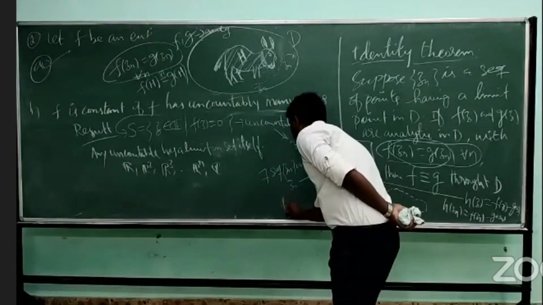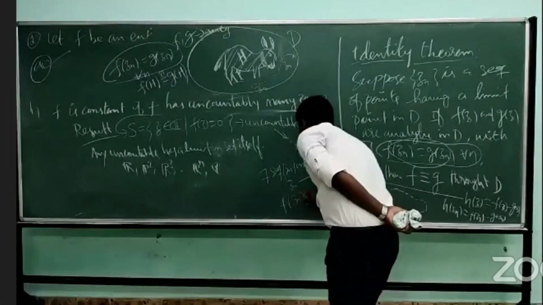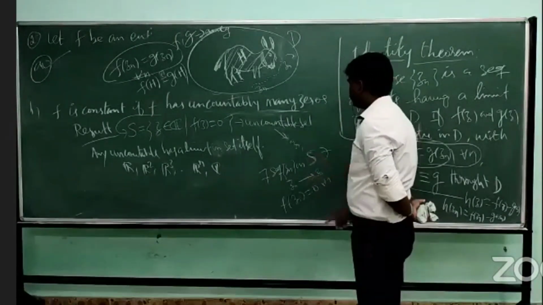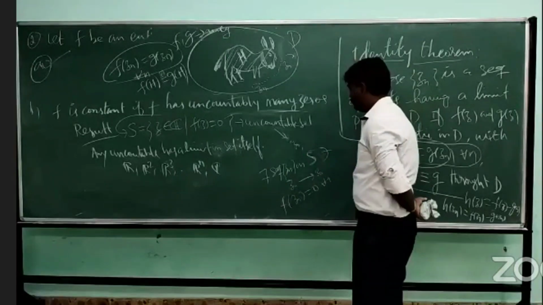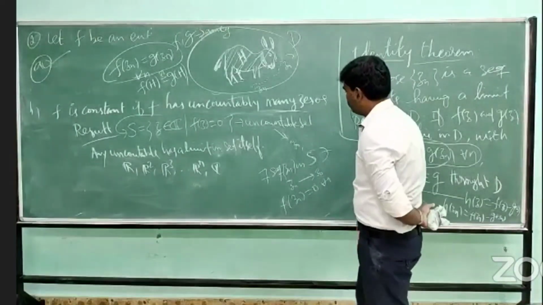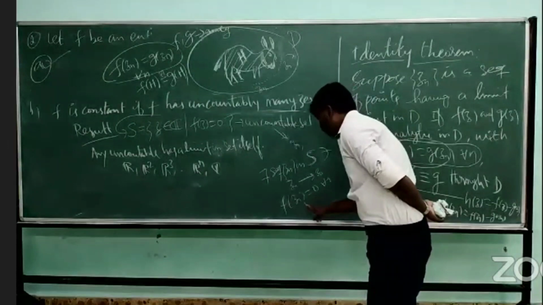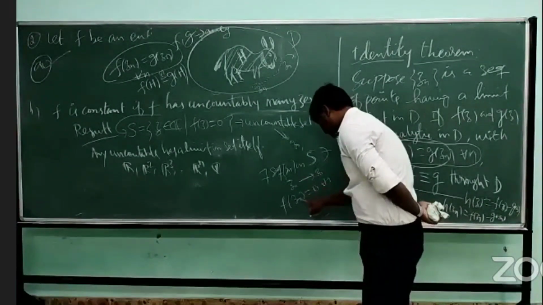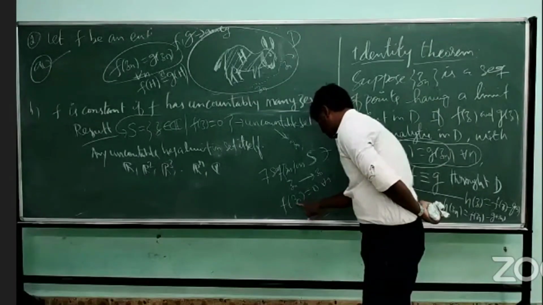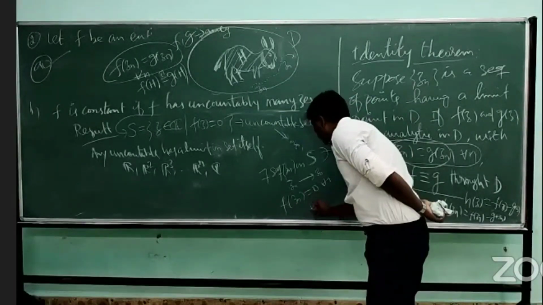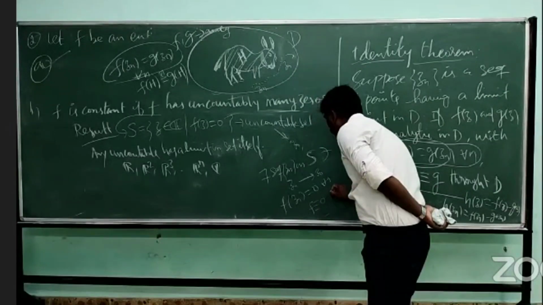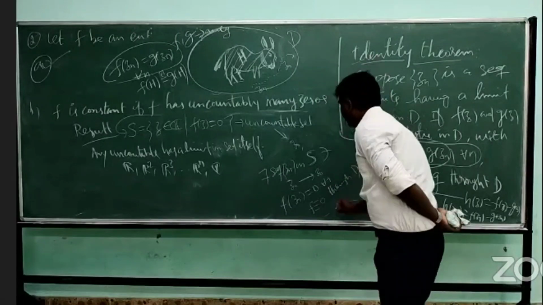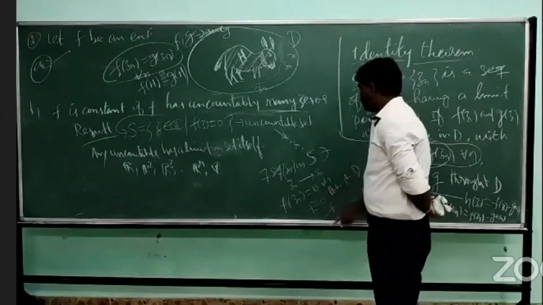F is analytic and f of zn equals 0 for all n, and the limit point is also in S. By the uniqueness theorem, if there is a sequence converging to a point and every point in the sequence has f value 0, then f is identically 0 throughout D. Therefore f is a zero function.